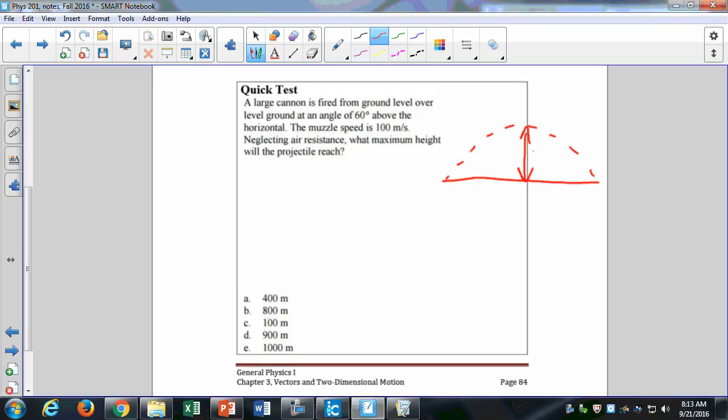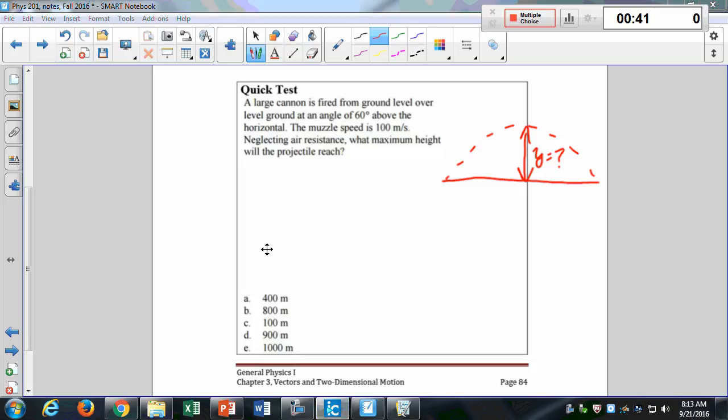I want to know what is y. First step will be to find the time by one of those methods. The second step will be to find the y displacement at the top of the trajectory.